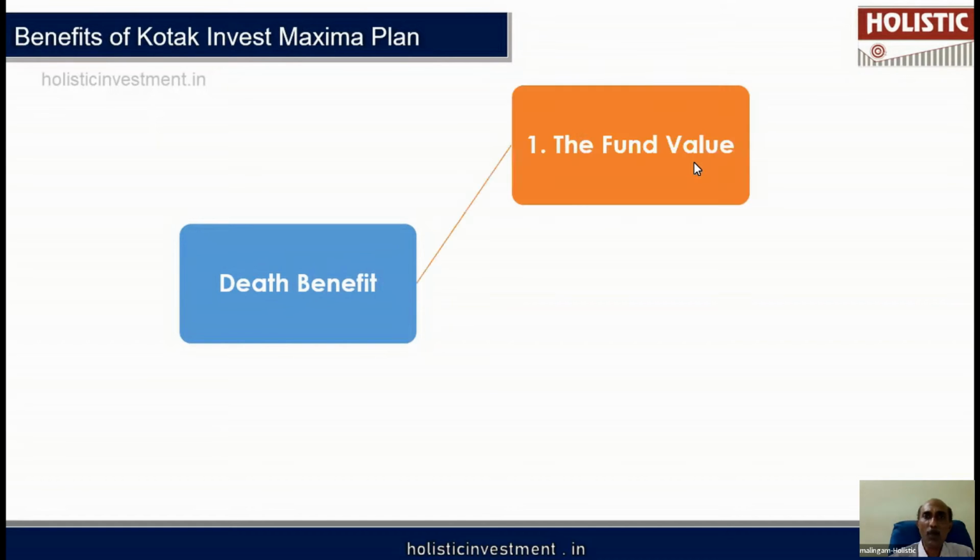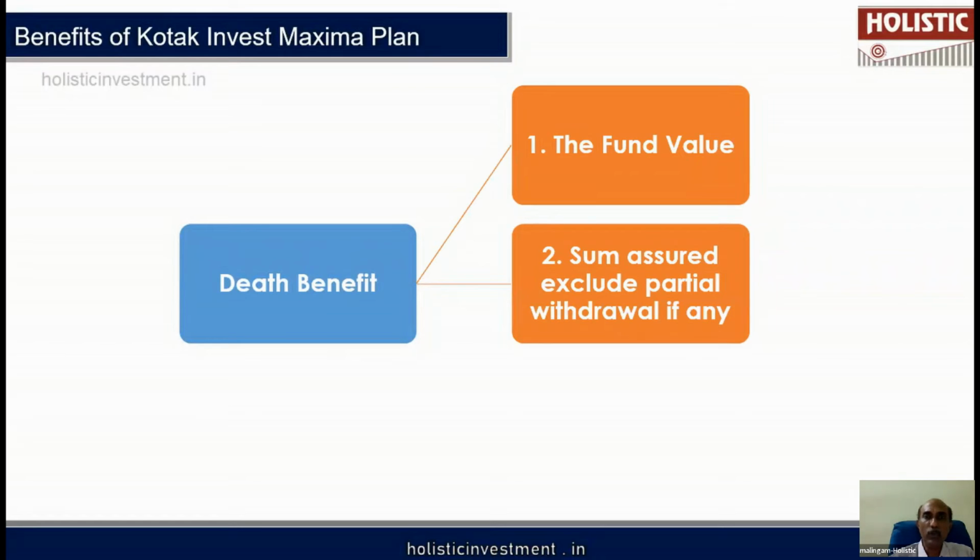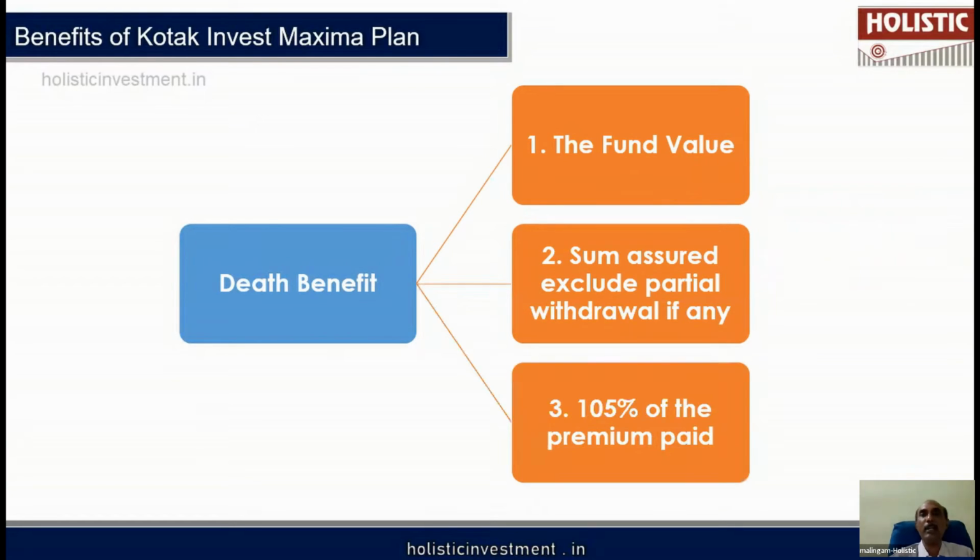So that way, if we look at it, there are three fund options, values, which will be calculated by the life insurance company Kotak. Out of these three fund values, whichever is highest, that will be given to the nominee in case of unfortunate death of the policyholder. What are all those three fund values? Simple. Fund value as on date of death claim submission. Whatever the fund value, units value, which is there in the portfolio, right?